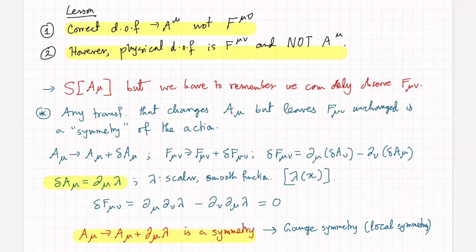And finally, with these selections, we should reproduce only the inhomogeneous Maxwell's equations. The homogeneous Maxwell's equations are identically true as a consequence of the Bianchi identity. So that's the setup we have. Now, essentially, the idea is to construct such an action.